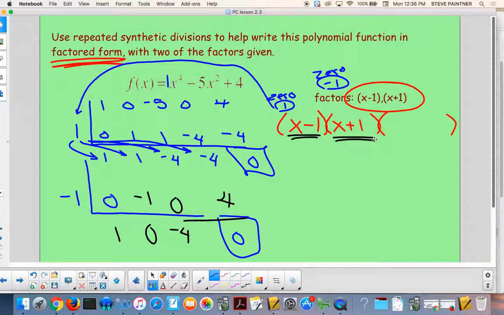Okay, watch this. If I give you 100, and I tell you one of your factors is 2, and another one is 5. There's your two factors. If you divide this by 2, you get 50, with a remainder of 0, right? Okay, but I tell you this is another factor.